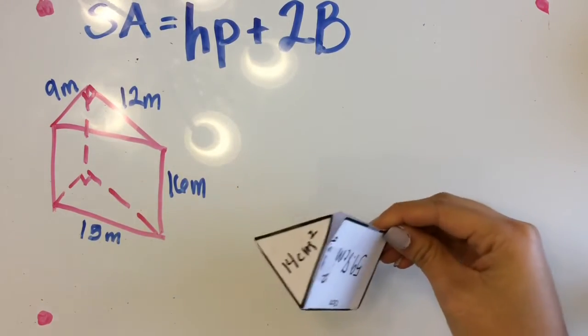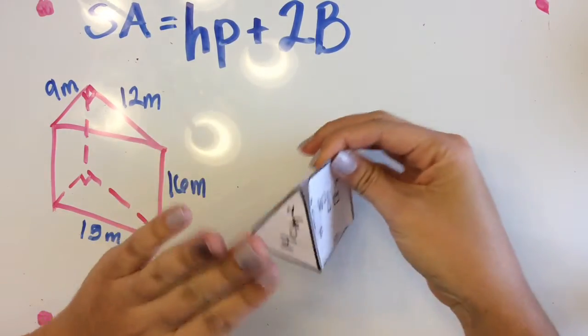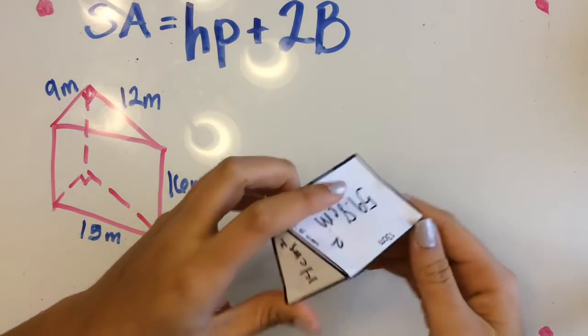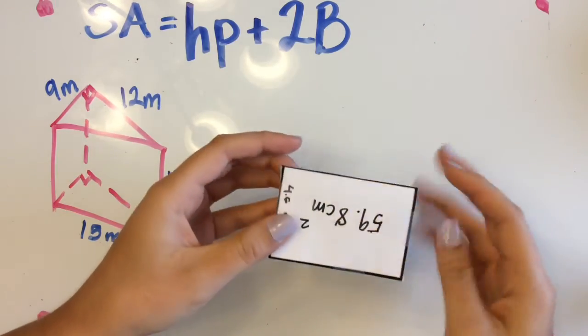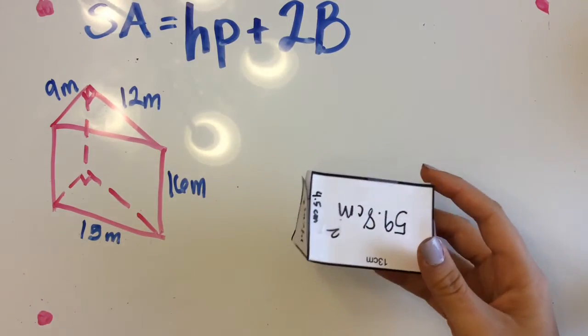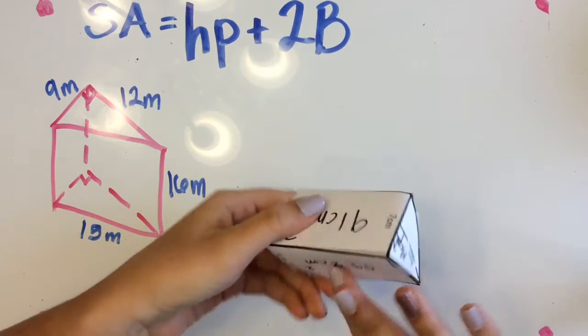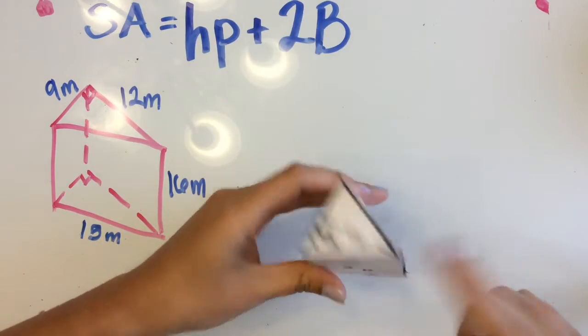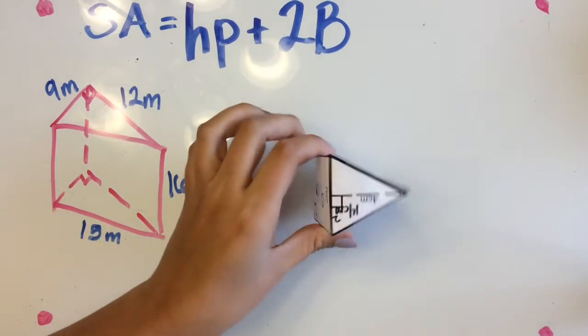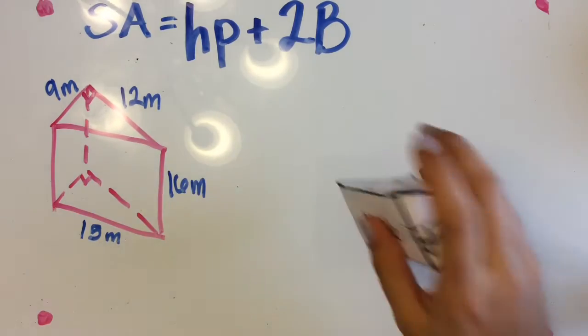Usually with prisms, you have two shapes that are opposite of each other and exactly the same measurement, and then everything in between connecting them ends up being rectangles. So it's easy to identify a prism when there are rectangular sides with two bases that are opposite of each other. Those are prisms.